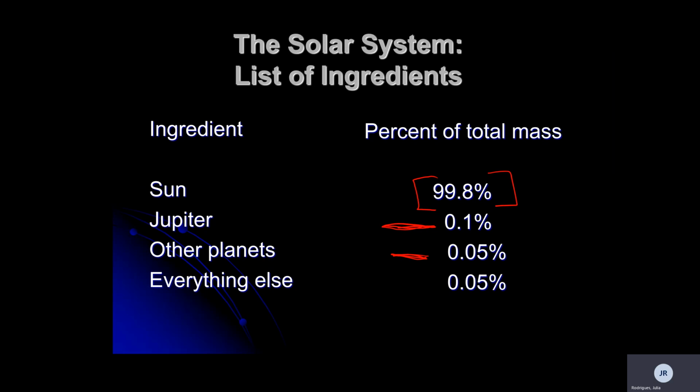But again, it is still only 0.1% of the total mass in our solar system that goes to Jupiter. 0.05% goes to our other planets, so the other 7 planets in our solar system, and then another 0.05% goes to everything else, so asteroids, comets, etc. So 99.8% of all of the total ingredients in our solar system is going to go to our sun. So that's important to note, that most of our mass here is in the sun.